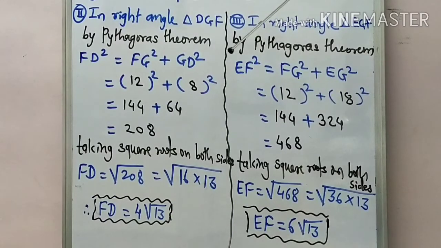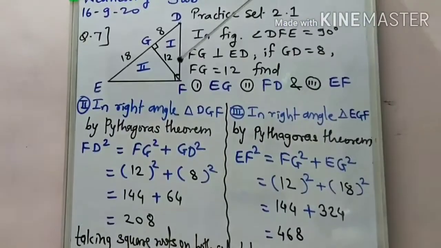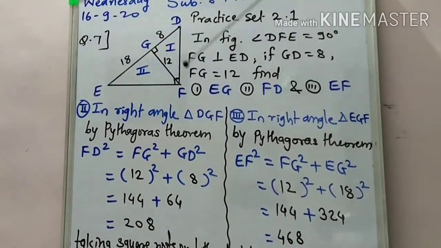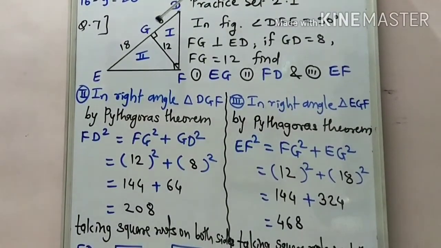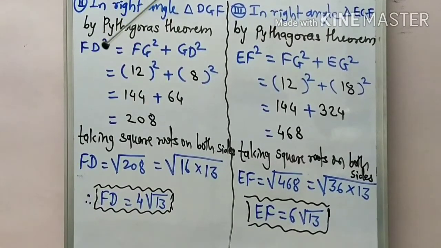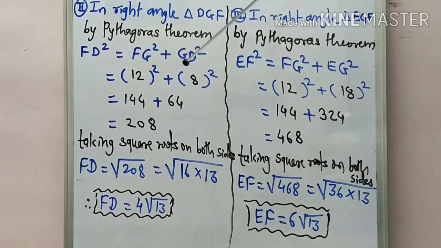So like this we solve it. In the right angle triangle DGF, where FD is what? Hypotenuse, FG is 12 and GD is 8. So here we write by Pythagoras theorem that the square of hypotenuse, means FD square, equals FG square plus GD square. FG is 12 as given, plus GD is 8.